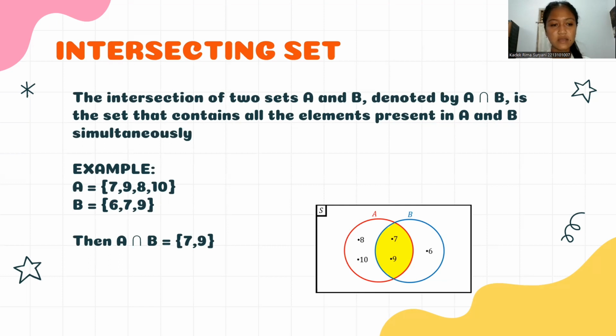For example, A is equal to 7, 9, 8, 10, and set B is equal to curly braces 6, 7, and 9. Then the intersection of sets A and B will produce a new set consisting of the same elements in the two sets, namely curly braces 7 and 9.